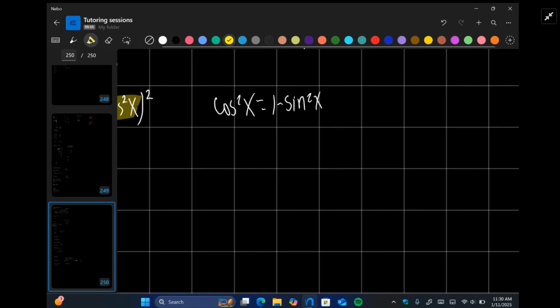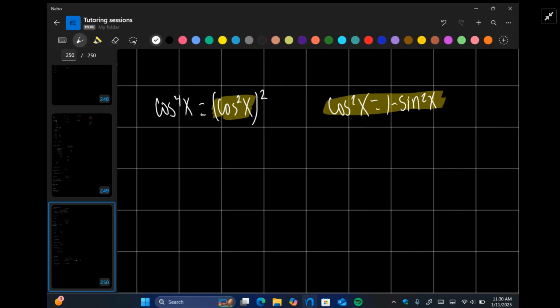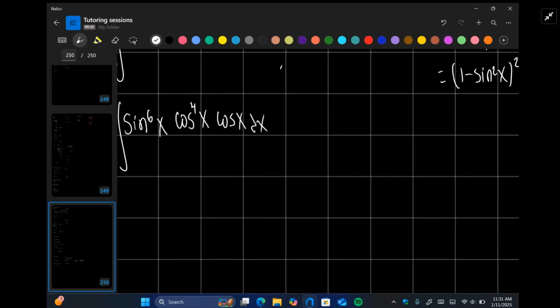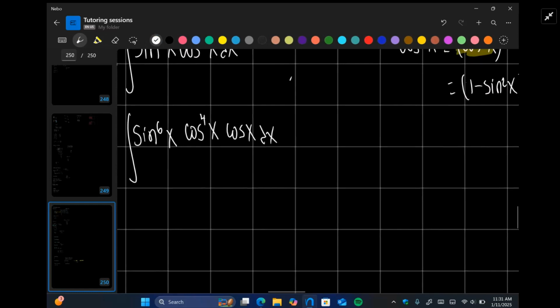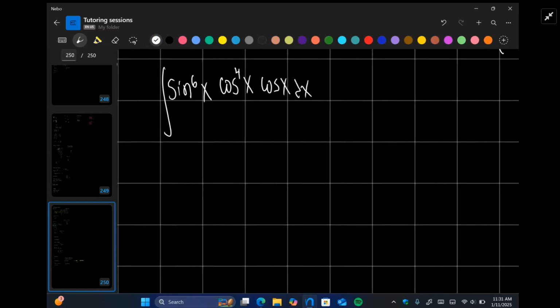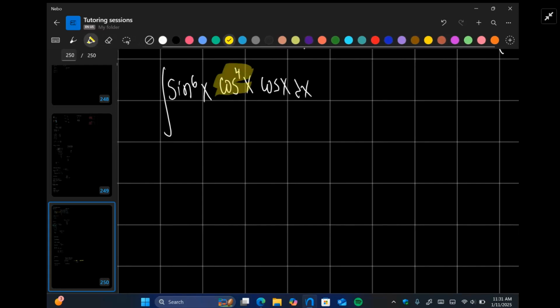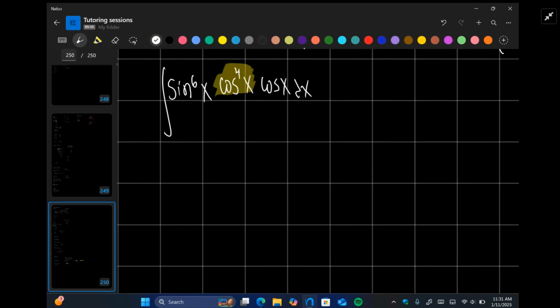We should know this from trigonometry, right? So this is going to equal 1 minus sine squared x and then all squared. So we have the integral of sine to the 6x times 1 minus sine squared x all squared.